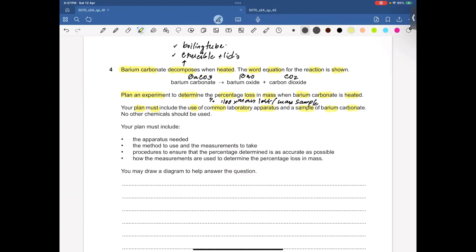One more thing, guys. If we are heating it, obviously we need tongs to hold the crucible or boiling tube. We need gloves. We need goggles. And obviously we need to measure the mass lost and the mass of sample, so we need an electronic balance also.